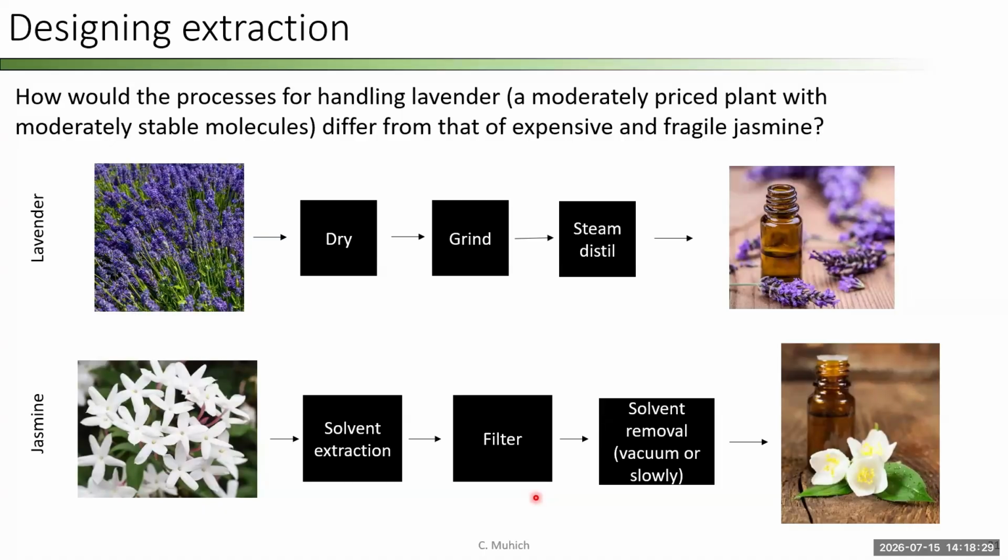So let's take a second and think about designing a process for handling lavender, which is moderately priced with moderately stable molecules, and how that will differ from an expensive and fragile compound like jasmine. If we're thinking of lavender, we may want to do this at a later date.